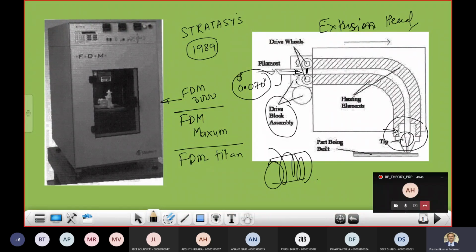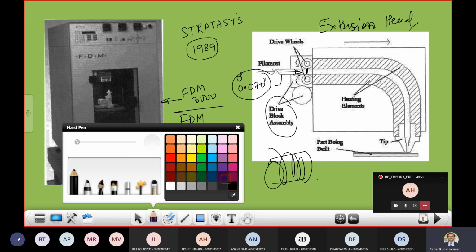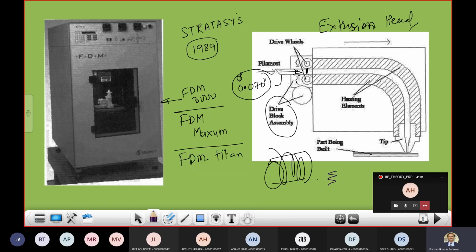Just a minute, I have to remove it from here. So here this particular tip you can thread on, or you can remove it.